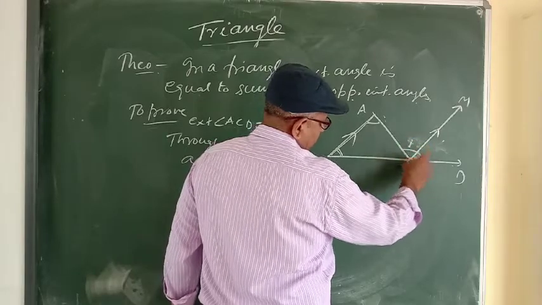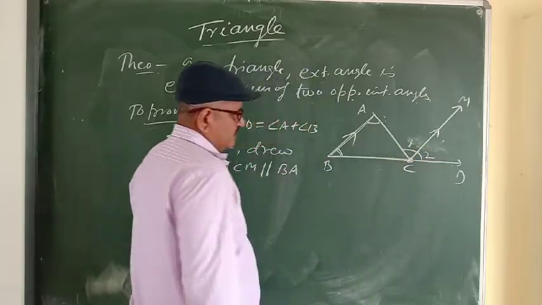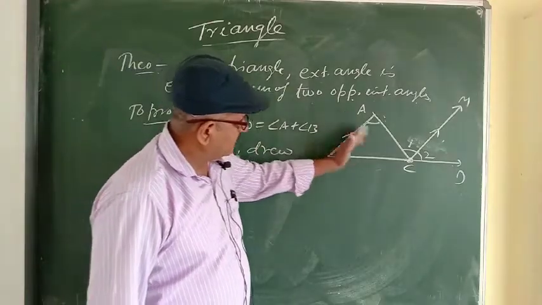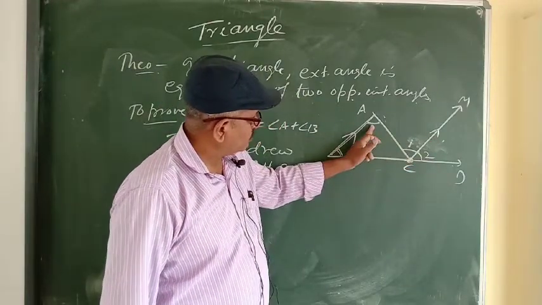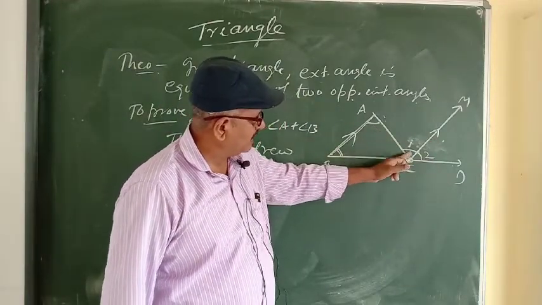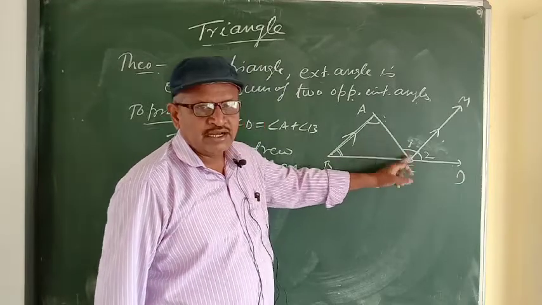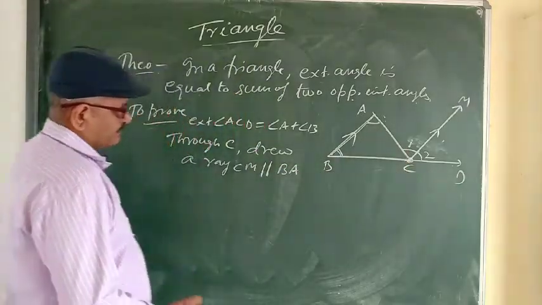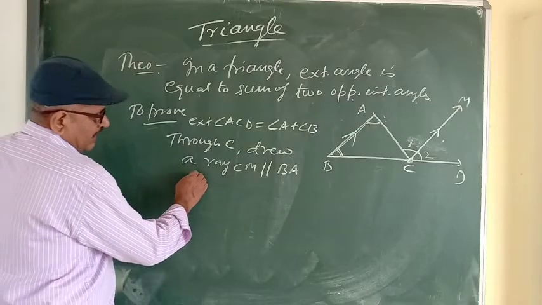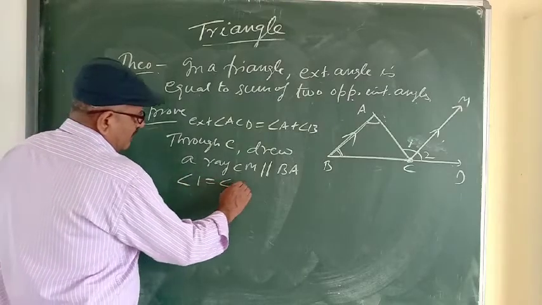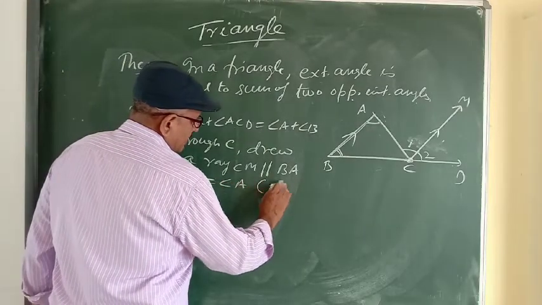Suppose this angle is 1 and this angle is 2. BA and CM both are parallel. So angle A and angle 1 both will be equal, reason: alternate interior angles. So angle 1 is equal to angle A.